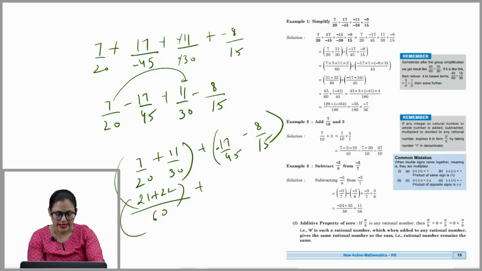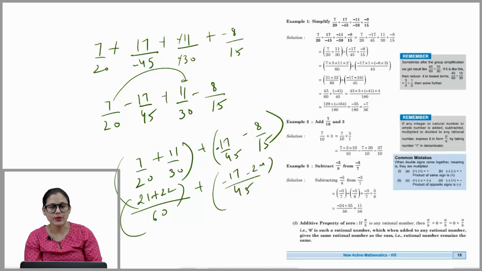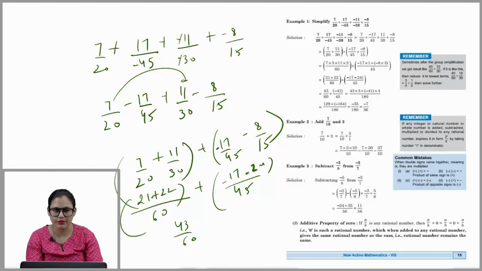For the other two the LCM is 45, minus 17, and you will multiply here by 3, 24. So 21 plus 22 is 43 by 60, and minus will add them, minus plus, but the sign will remain negative. So 17 plus 24 is minus 41 by 45.